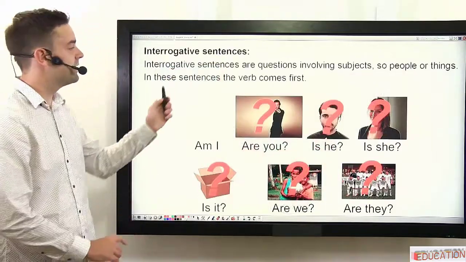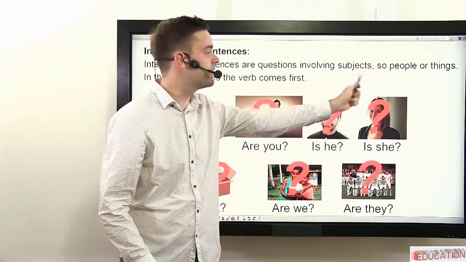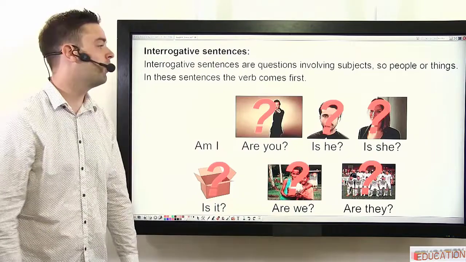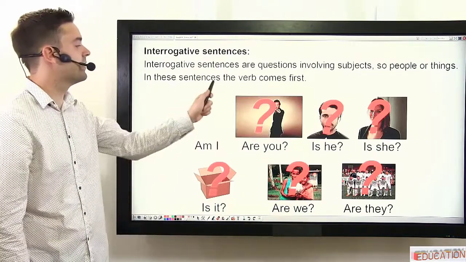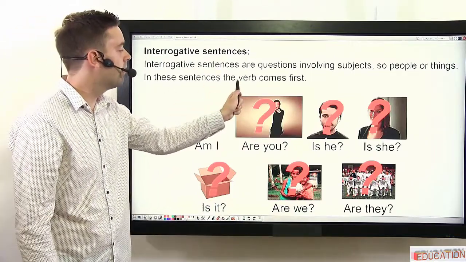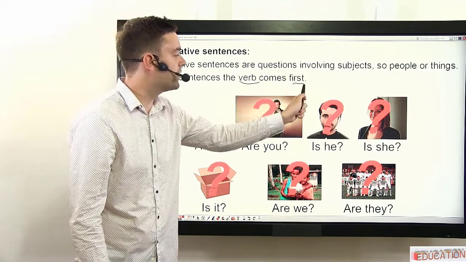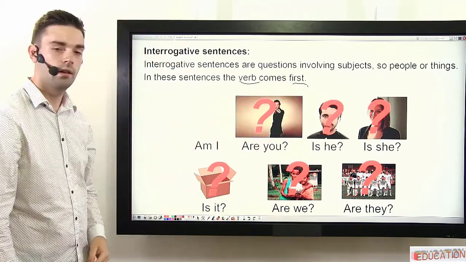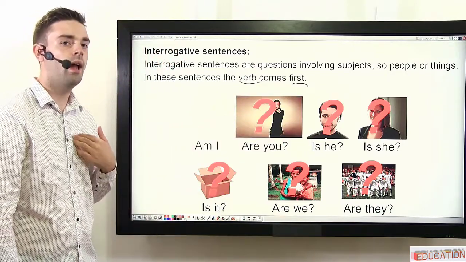Interrogative sentences are questions involving subjects, so people or things. In these sentences, the verb comes first. Am I?